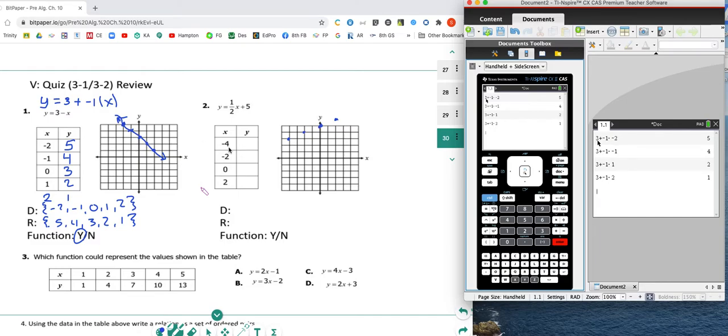Our second one is going to multiply. We're going to put in -4, -2, 0, 2. So let's go ahead and see what happens when we put in our 4 as well.